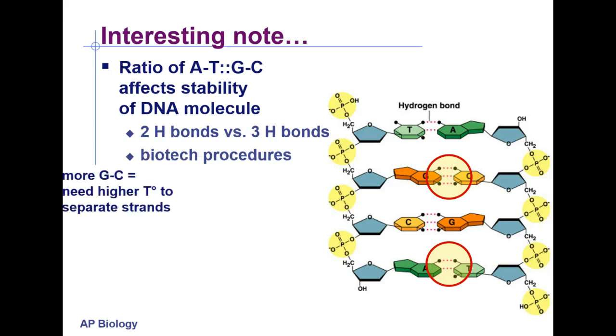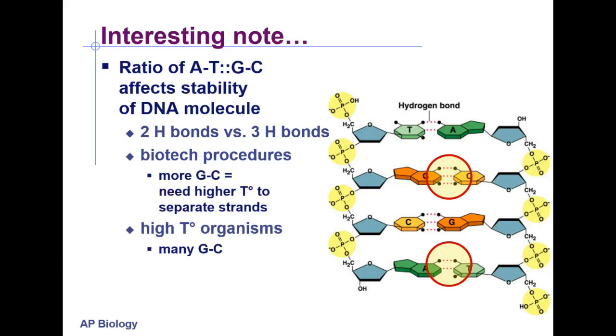In a molecule of DNA, we should always find that there should be about the same number of A's as T's in DNA, and there should be about the same number of G's and C's in DNA. That's because of their matching patterns.